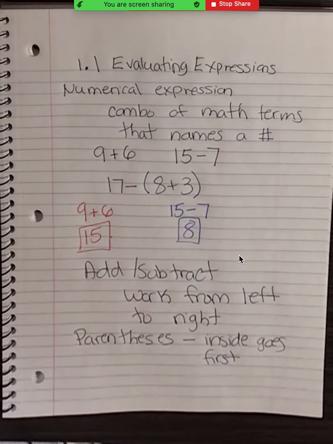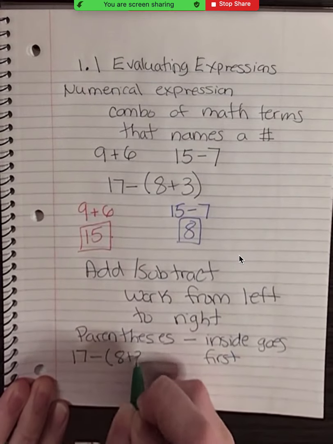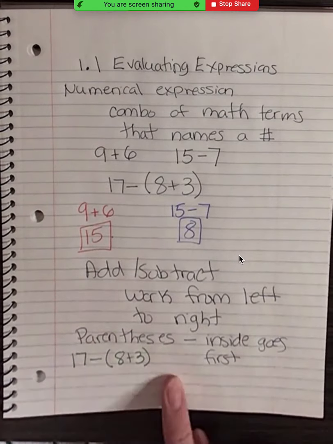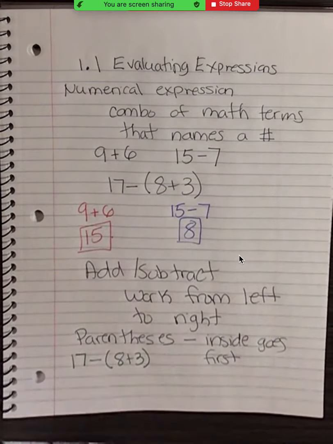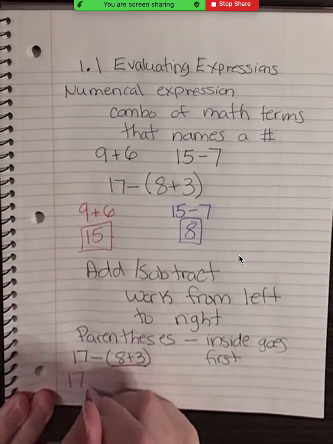So if I look at that expression, we have 17 minus our parentheses 8 plus 3. Okay, yes, it is only addition and subtraction. So we're not going to just work straight left to right because we have parentheses. So what it tells us is we're going to take what's inside the parentheses and do that first. So we're going to take 17 and subtract.